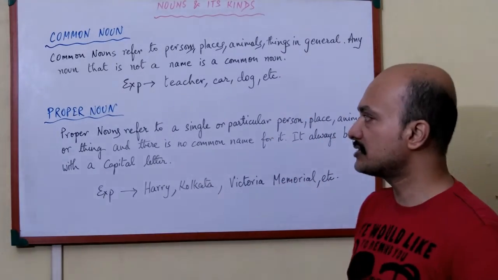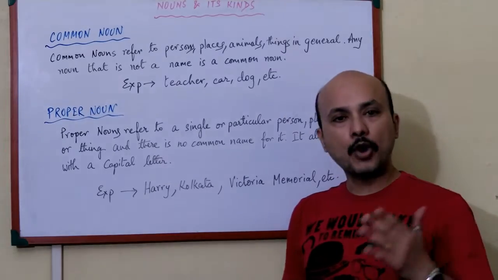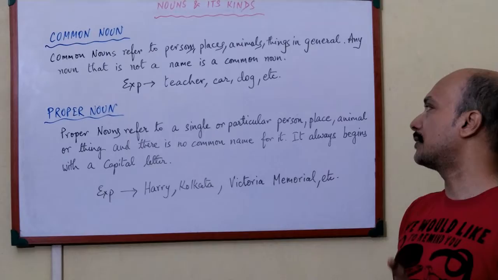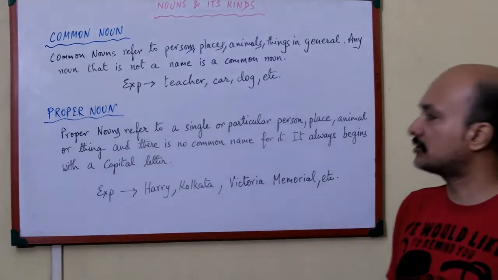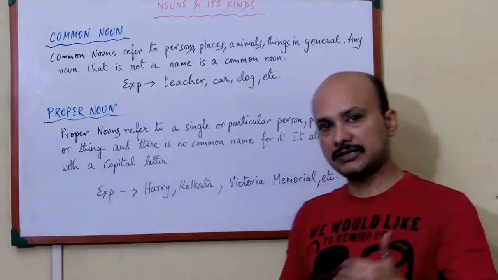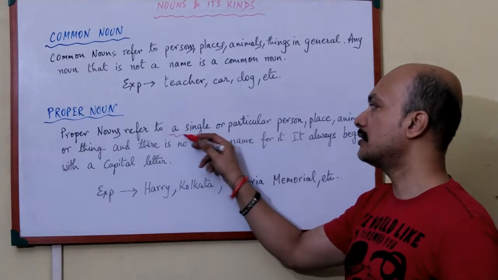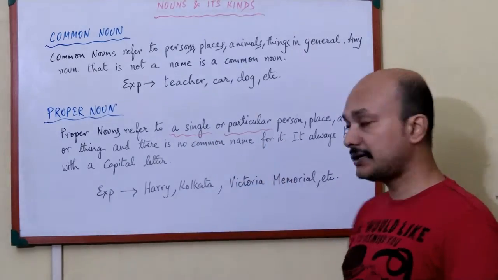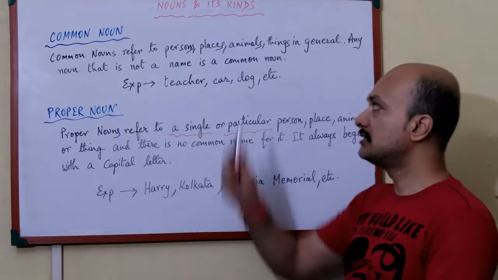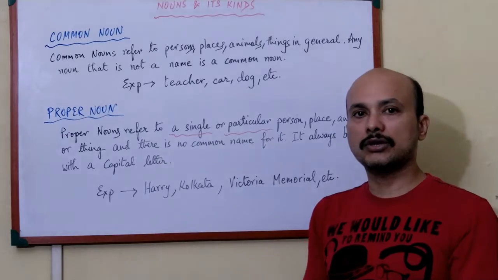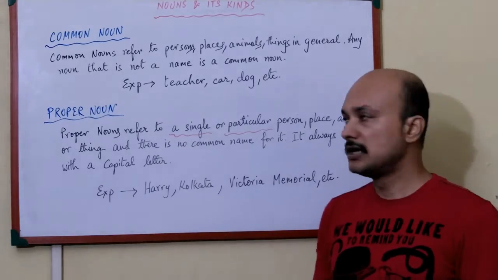Now moving to the opposite one, which is the proper nouns. The proper nouns refer to a single or particular person, place, animal or thing. See the difference. It's for a single or particular. Now here it was a generalization. Here you generally refer to the whole class, any one of the whole class.